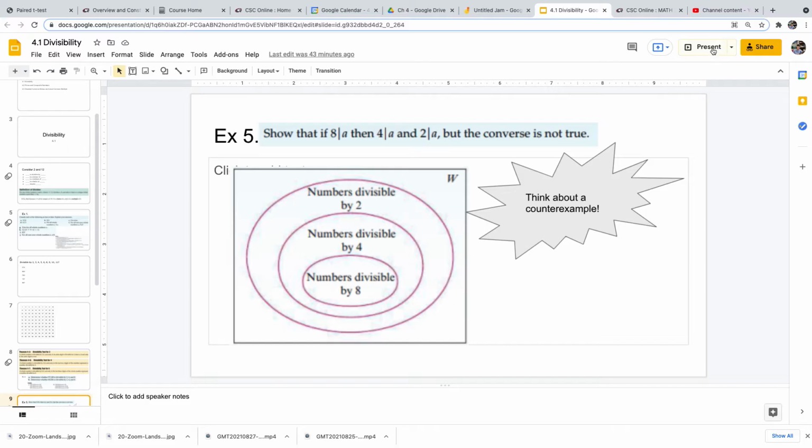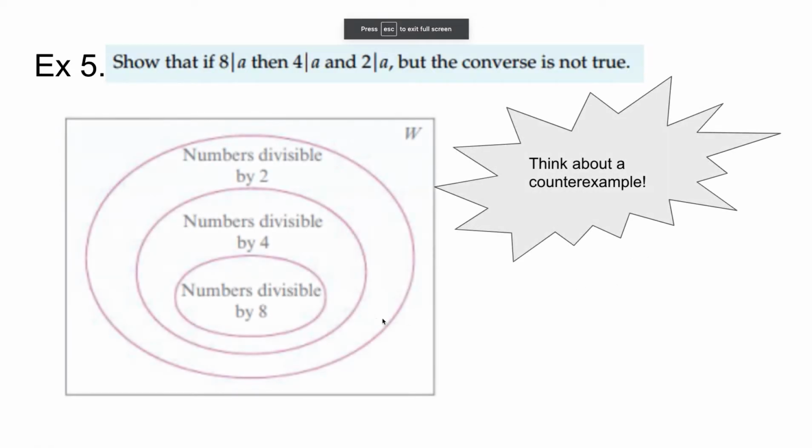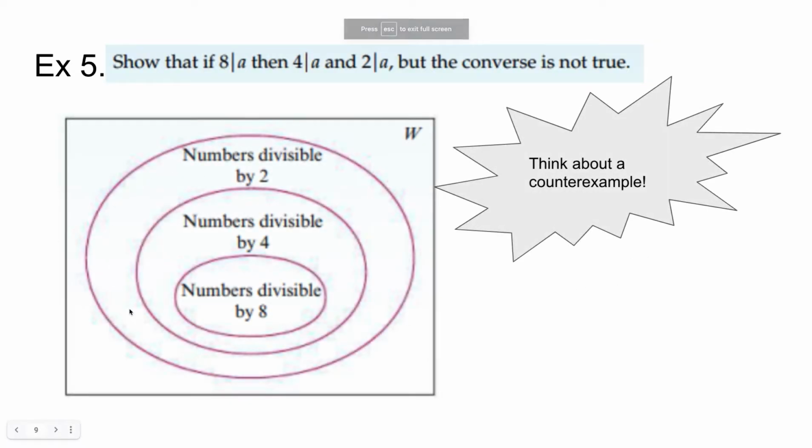Now, I want you to look at this Venn diagram. You can see the subsets here. Any number that is divisible by 8 is of course divisible by 4. And any number that is divisible by 4 is divisible by 2. But not always the other way around.